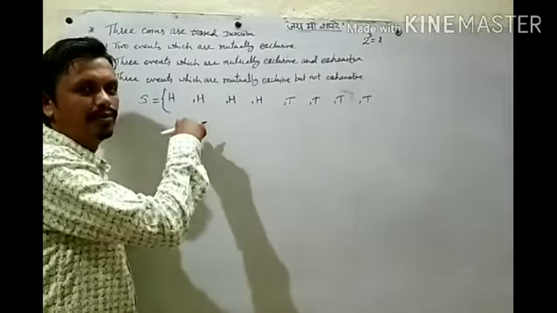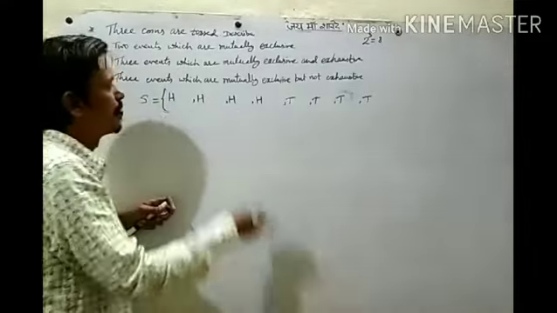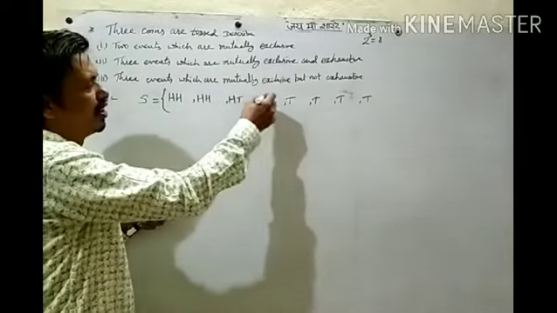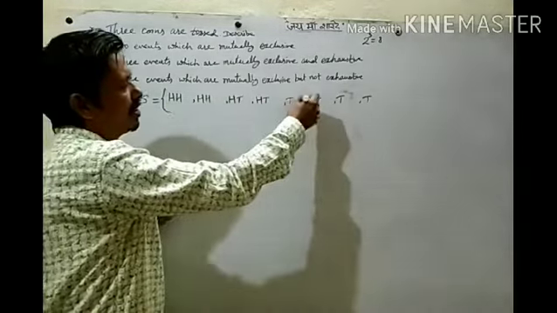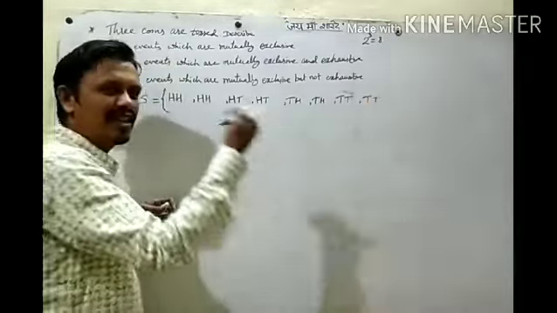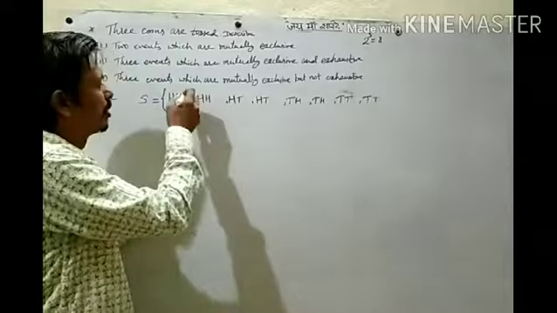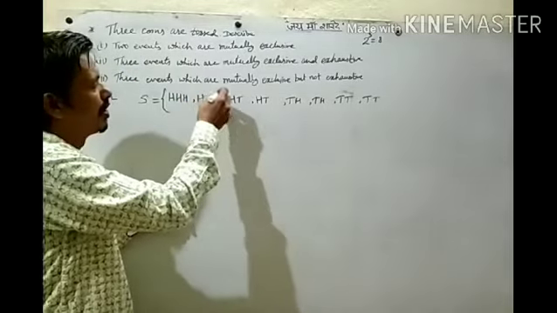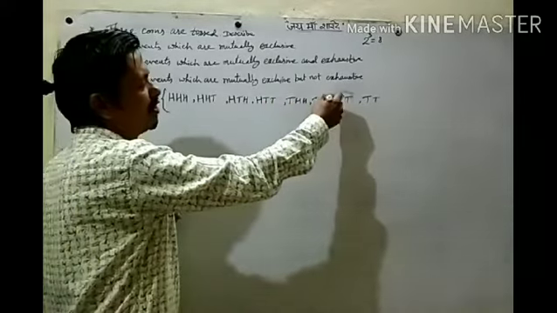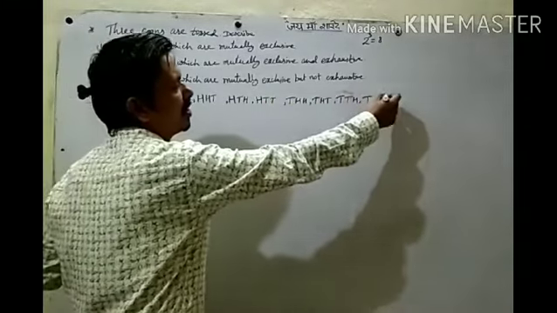Half of 4 means 2. So 2 times write head, then 2 times tail, and again. Now take its half. Half of 2 is 1. 1 head, 1 tail, alternating.